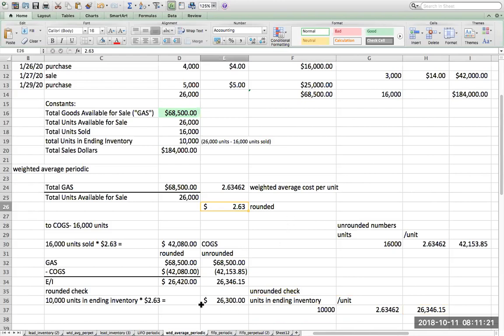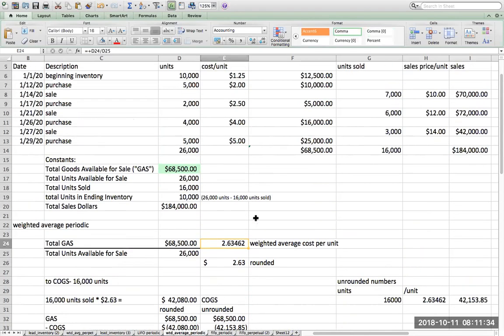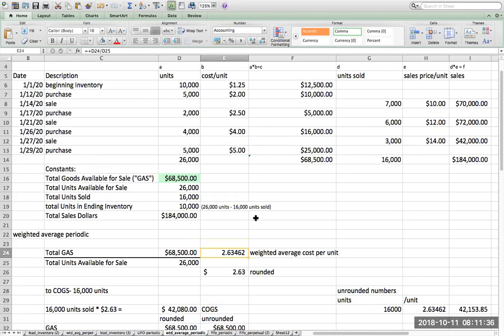Okay, so that is weighted average periodic. What we've done is we've taken a weighted average of my goods available for sale. Because we're using a periodic method, we assume that all sales happened at the very end of the period.